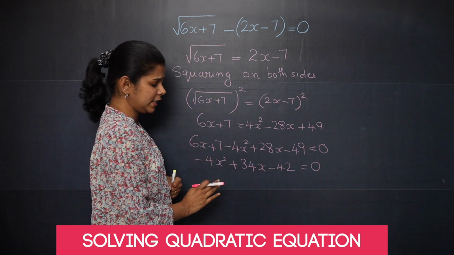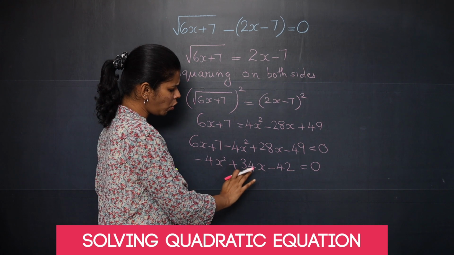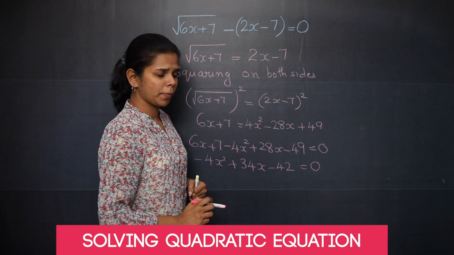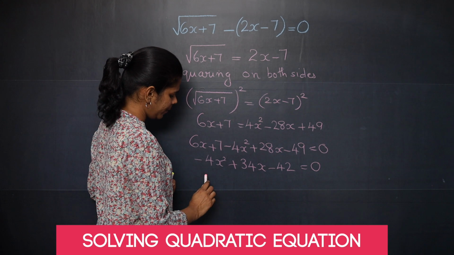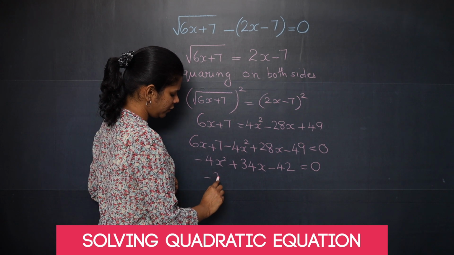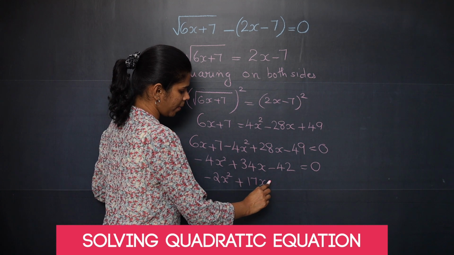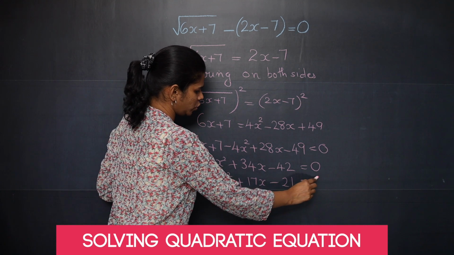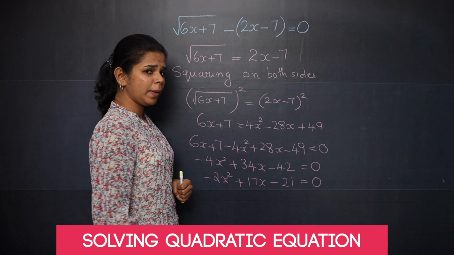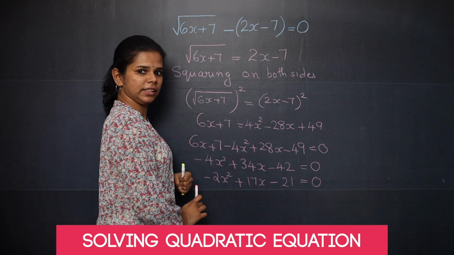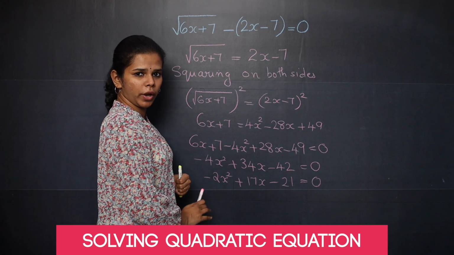Now as you can see in all these terms 2 is common. So I am going to take 2 outside. So it becomes negative 2x square plus 17x minus 21 is equal to 0. Now I am going to remove this negative from that x square coefficient.